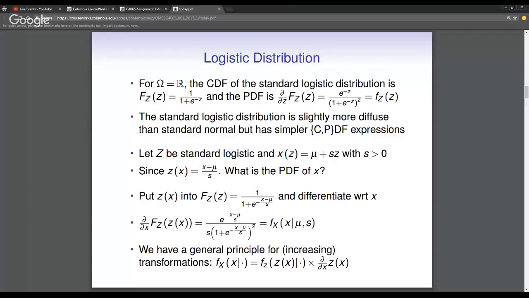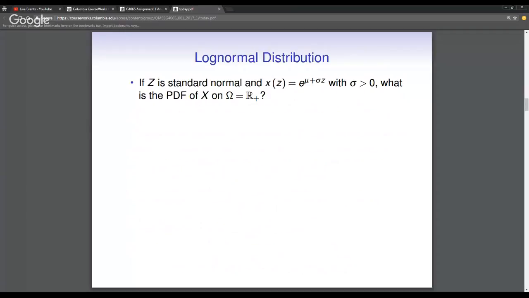Okay. And I have more practice with that. Let's say z is distributed standard normal, and x is a function of z, namely the function e raised to the power mu plus sigma times z, with sigma being greater than 0.